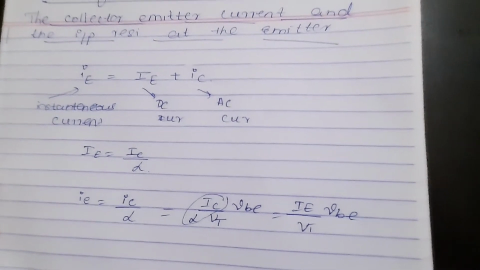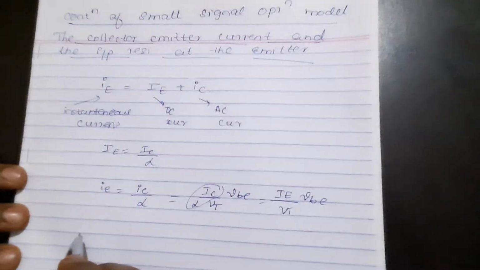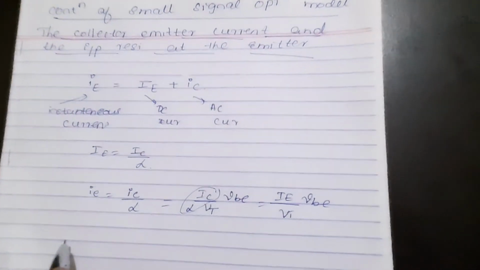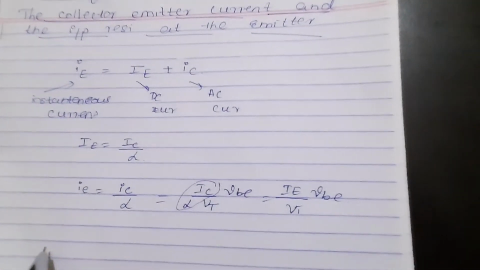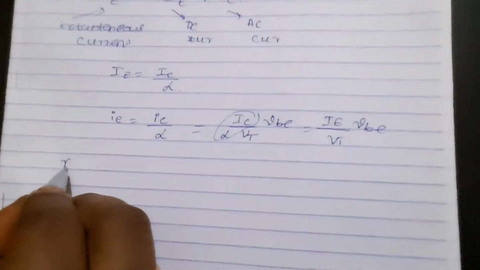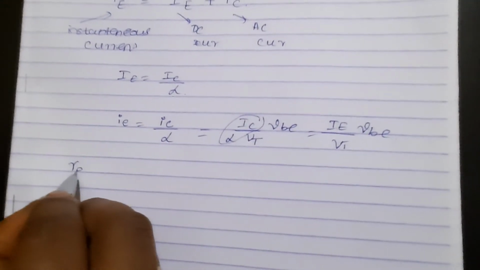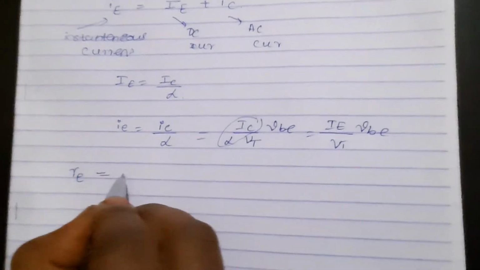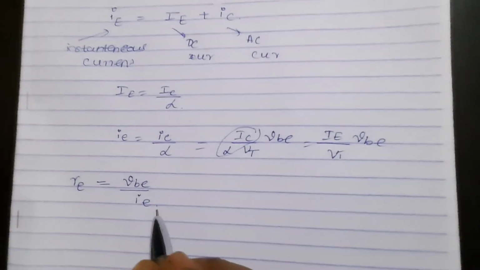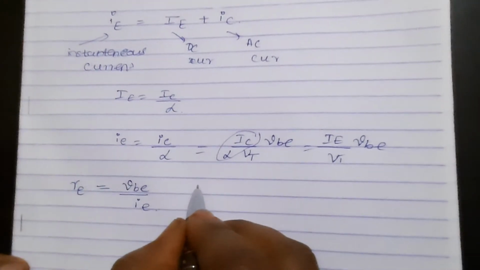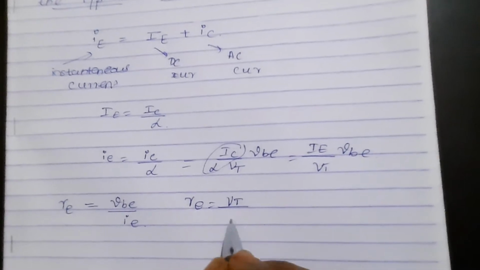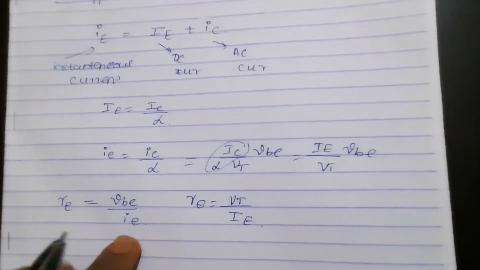This is the expression for ie. And we know that the small signal resistance between the base and the emitter, or the resistance at the emitter, is denoted as re, and it is given by the formula vBE divided by ie. And re is also given by VT divided by IE.